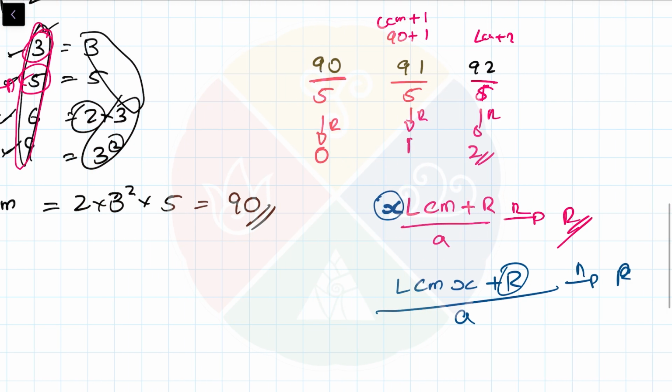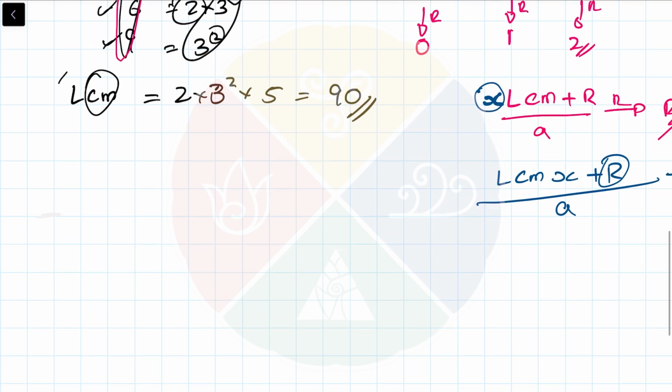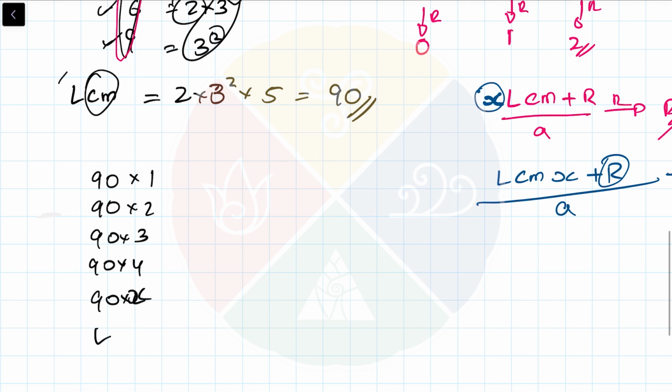Why? The reason is that these numbers have a lot of common multiples. The lowest one is 90. To find the other common multiples, you take 90 into 1, 90 into 2, 90 into 3, 90 into 4. Basically 90 into X, or LCM into X.